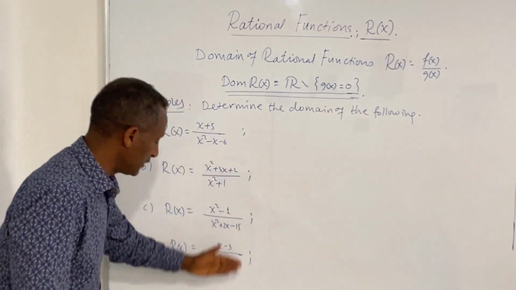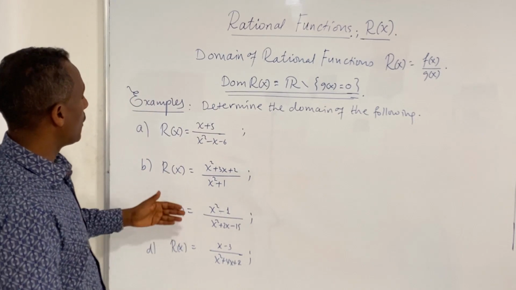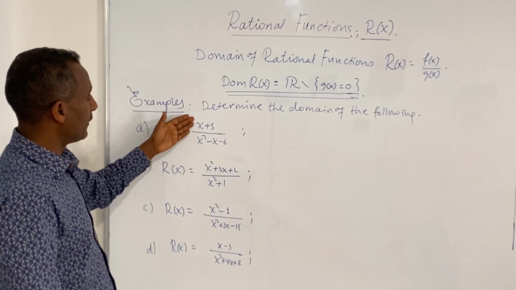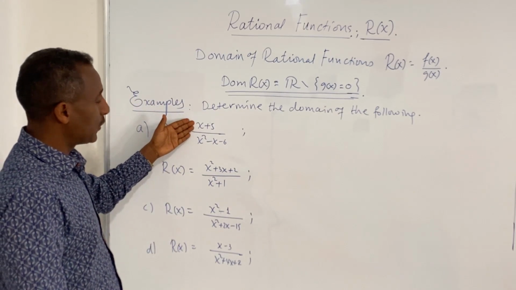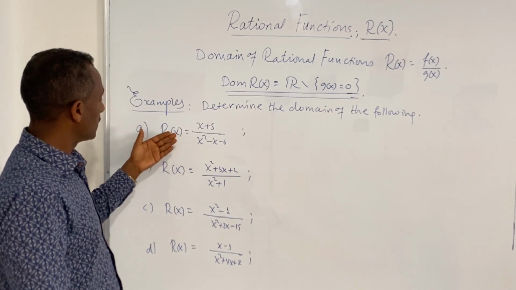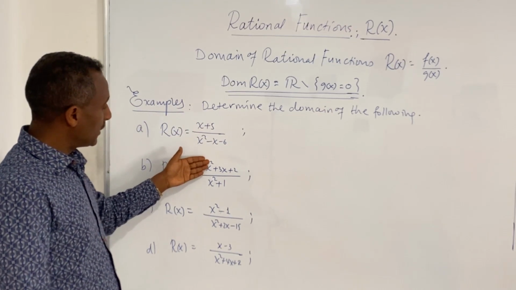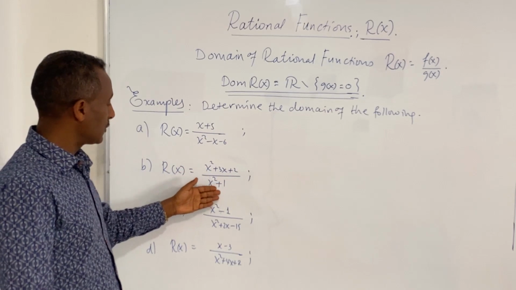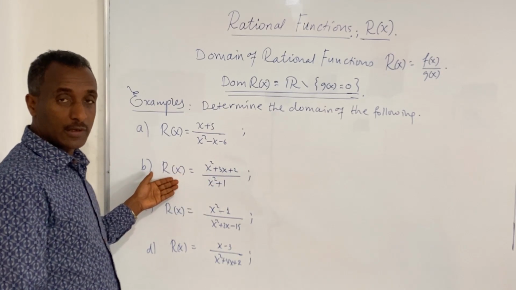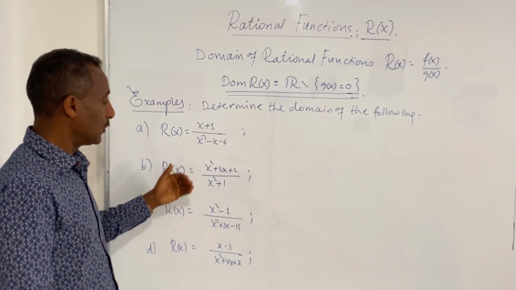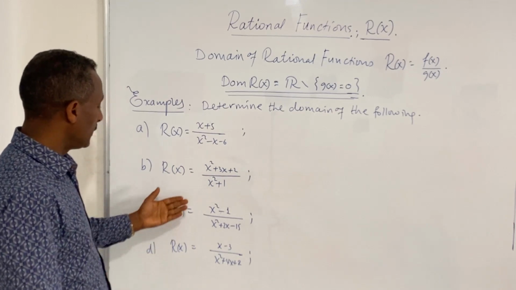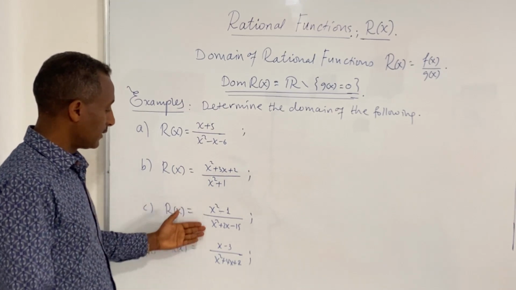These are rational functions because all are the ratio of two polynomial functions. This is a polynomial, therefore this is rational. This is a quadratic polynomial function, so this is also a rational function as the ratio of two polynomial functions. The same thing is true with C and D here.